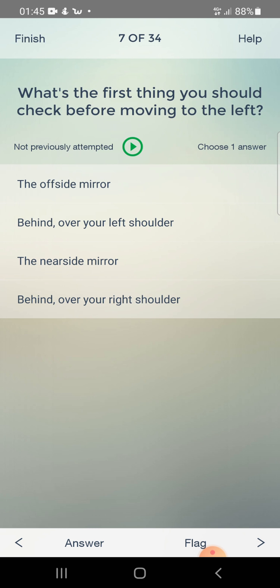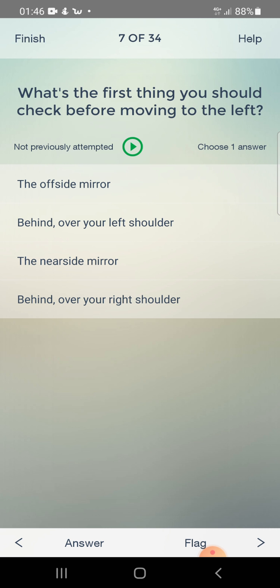Right. What's the first thing you should check before moving to the left? The offside mirror. No. Behind over your left shoulder. The near side mirror. Behind over your right shoulder.